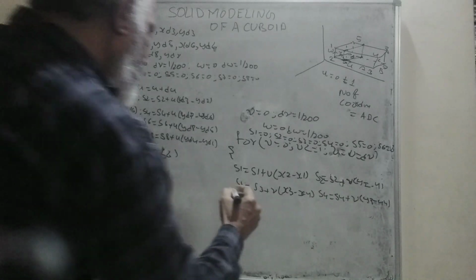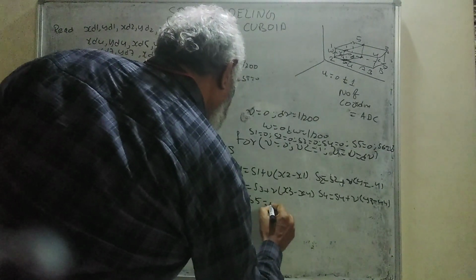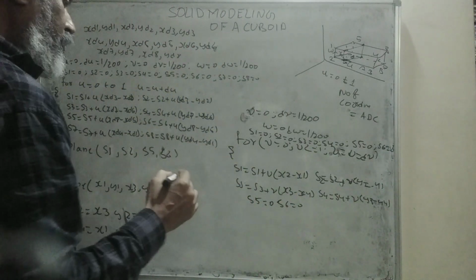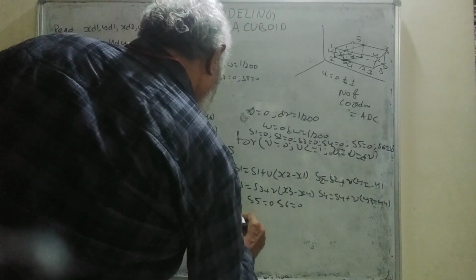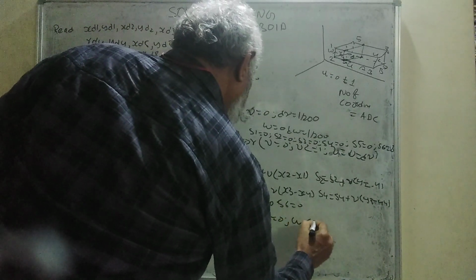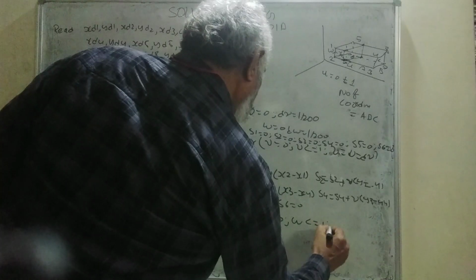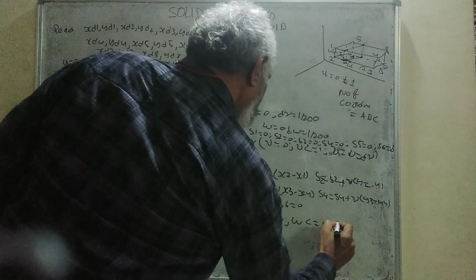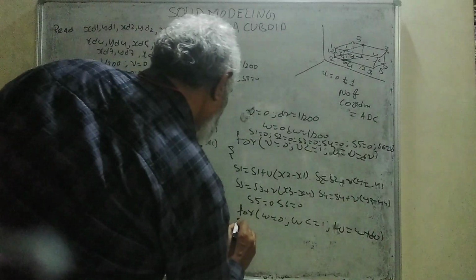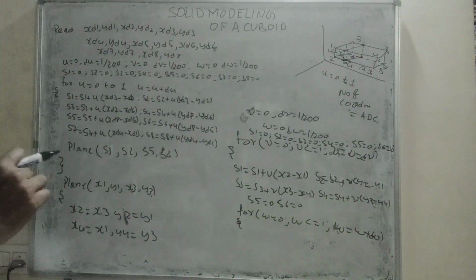Now S5 is equal to 0, S6 is equal to 0. This is what you are trying to do. And for w is equal to 0, w is less than or equal to 1, w is equal to w plus dw, this we are trying to get.